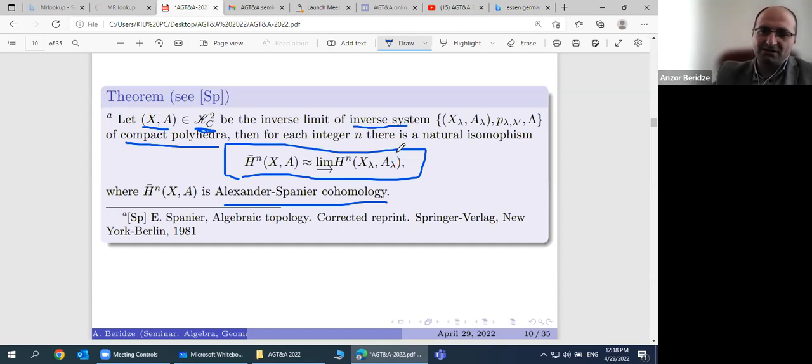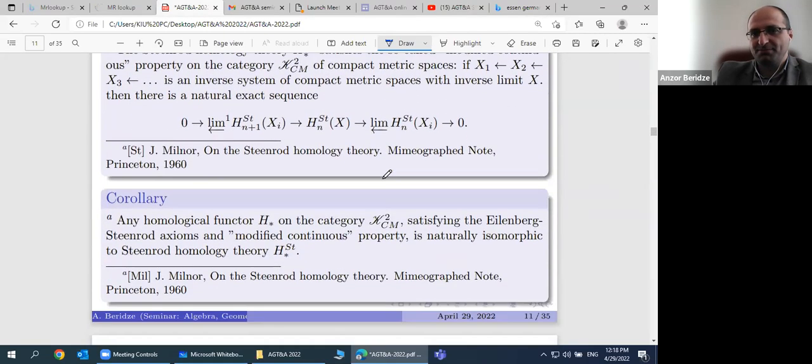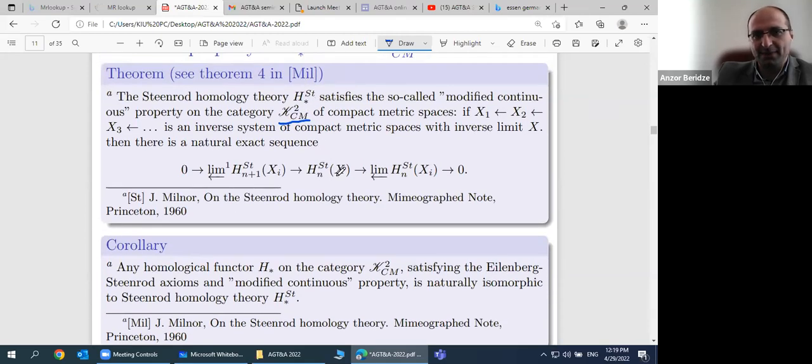This is a very good result, but such an isomorphism cannot be written for homology. And Milnor's first approach was this one, but this was done not for compact topological spaces, but for compact metric topological spaces, on the category of compact metric topological spaces. Here, any compact metric topological space can be considered as an inverse limit of an inverse sequence. Not an inverse system, but an inverse sequence.